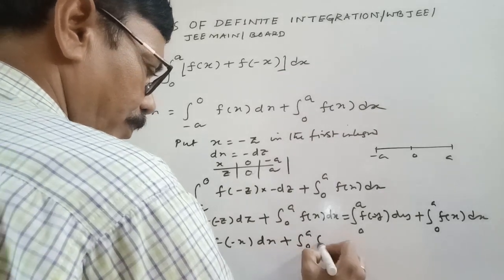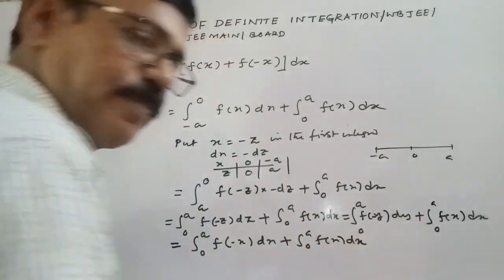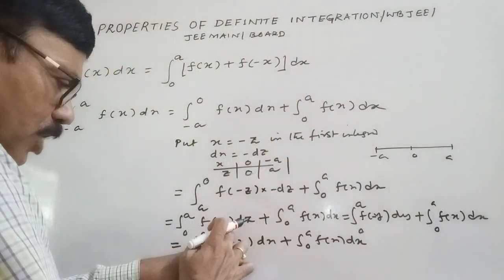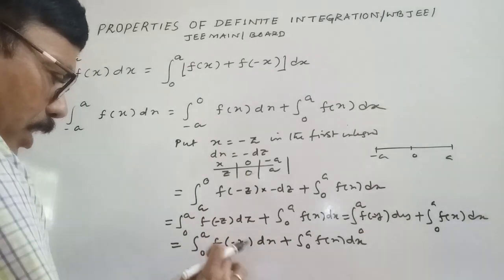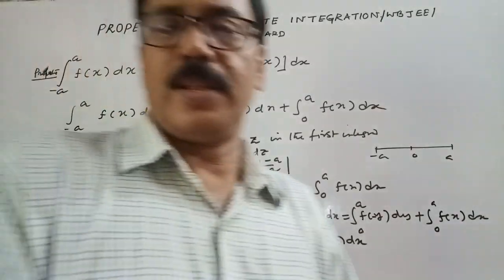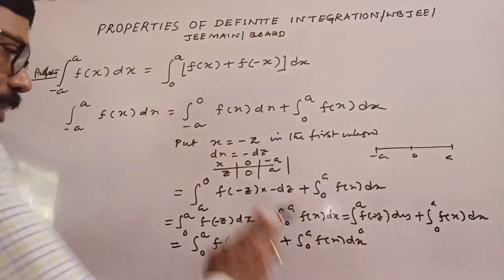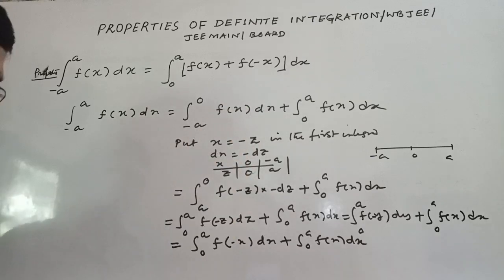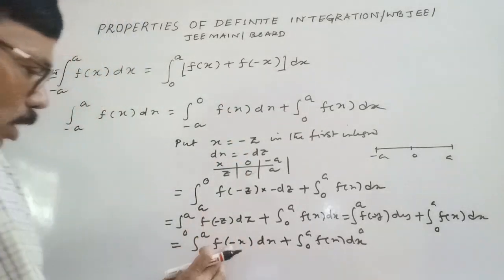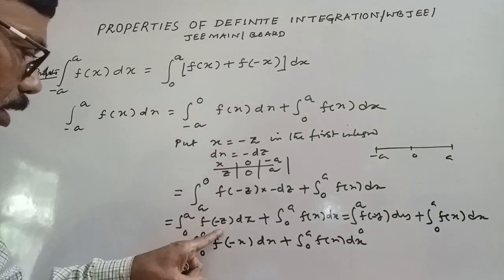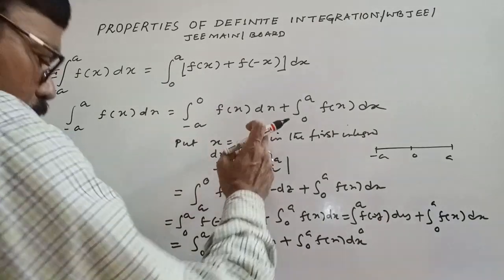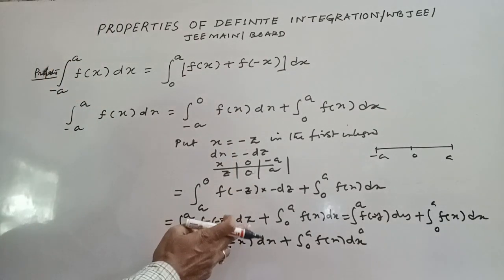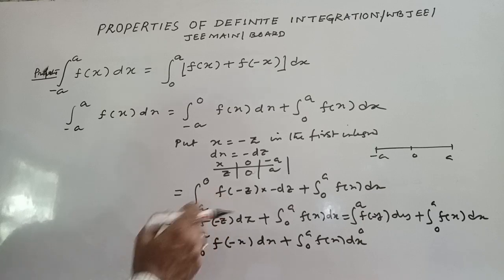So f(minus x) dx, and 0 to a f(x). You may change it directly: integral of f(minus z) dz equals integral from 0 to a of f(minus x) dx. But you may think that there is a substitution x equals to minus z, then this will be again f(x).